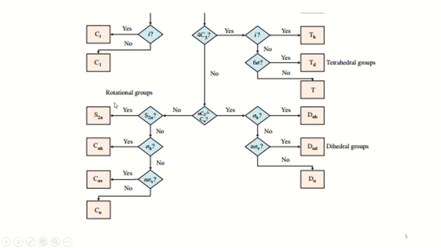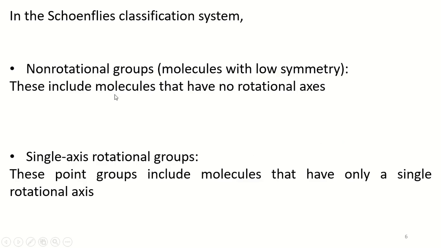If a molecule has a proper rotational axis and a collinear improper rotational axis, then it will belong to the class S2N point groups. So this is all about the two classification systems of the Schoenflies classification system.